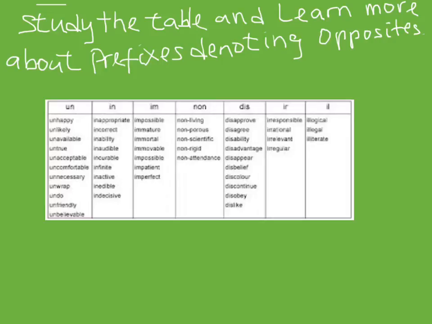And since we're focusing on prefixes denoting opposites, we said they are letters which when added in front of a word give it its opposite meaning, as in the examples we saw: dislike, unhappy, incorrect, as the table below shows. So read the table carefully and study these words and the prefixes appropriate for each word.